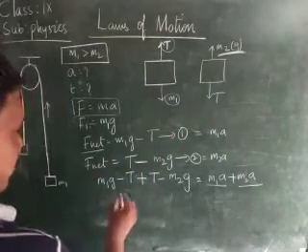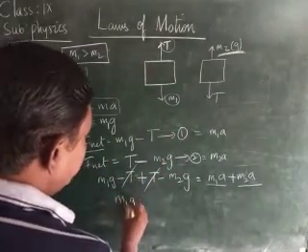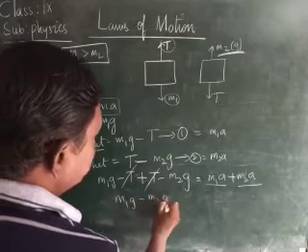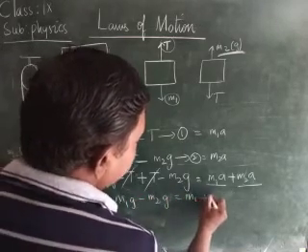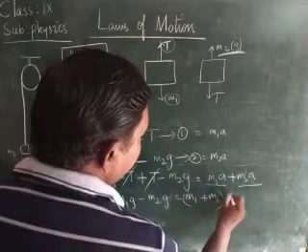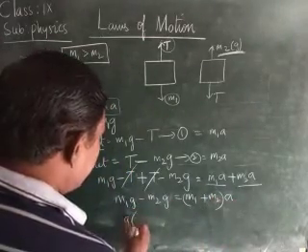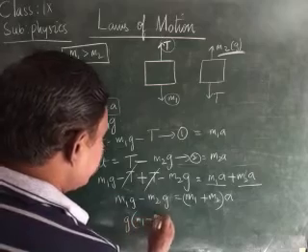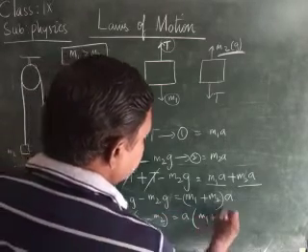Therefore minus T plus T cancel, children, therefore m1g minus m2g is equal to (m1 plus m2) into a. Can we write? Yes. Here also we can write this as g into (m1 minus m2) is equal to a into (m1 plus m2).